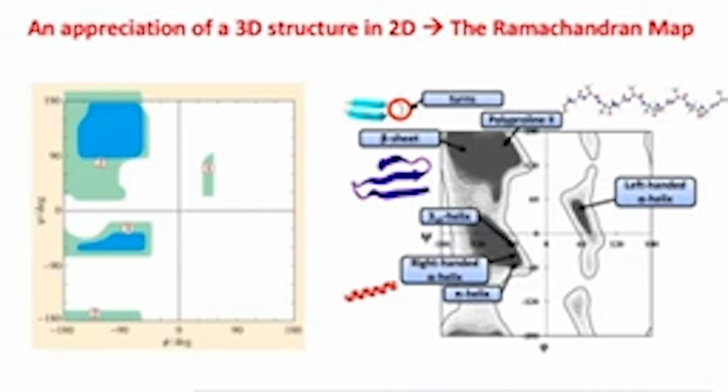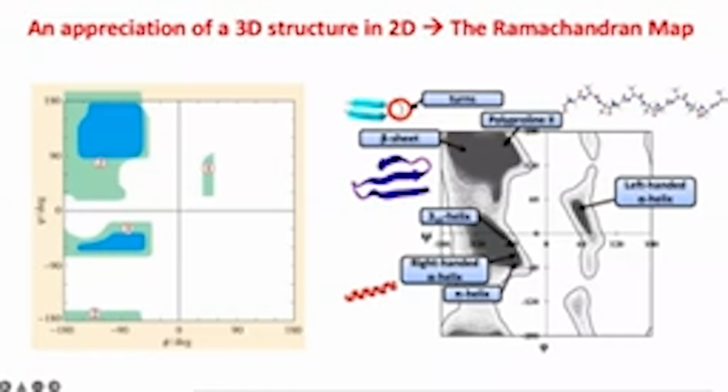Ramachandran theorized this as hard atom clashes, but we look at it in terms of energy these days. And there are only restricted areas in conformational space where phi psi angles are possible, and which represent the two-dimensional representation of a three-dimensional reality, which is what is happening in proteins.